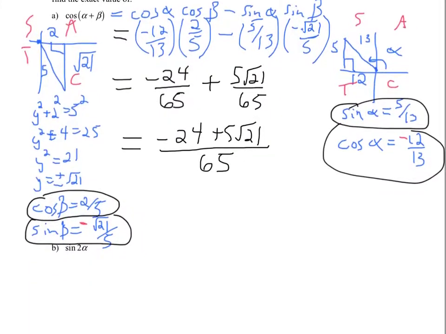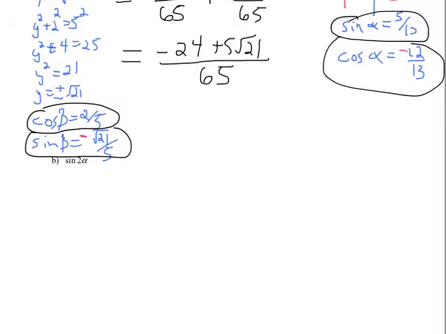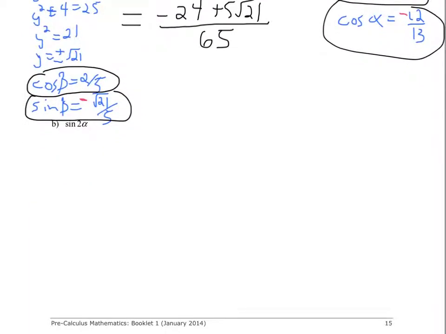Now for question B. Question B is much simpler. It's only worth a mark as well. But our first step is the same. Use your formula sheet. So sine of 2 alpha is equal to 2 sine alpha times cos of alpha. And again, we got all these values up above.